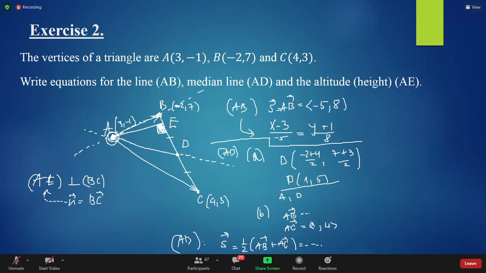So in principle, for AE, we are writing an equation of a line AE that is perpendicular to the vector BC, which will be its normal vector, and passing through, of course, the point A. Normal vector and point in that form. So this is, let's say, some directions to what you can do for your own practice at home.